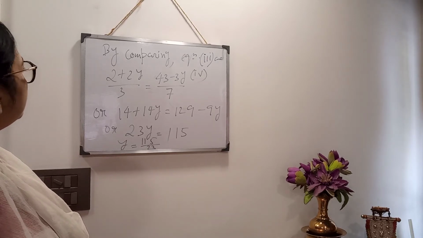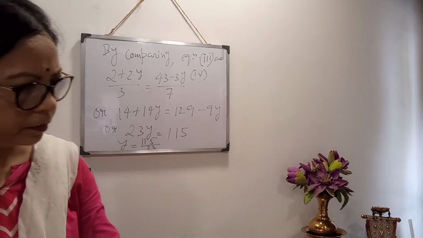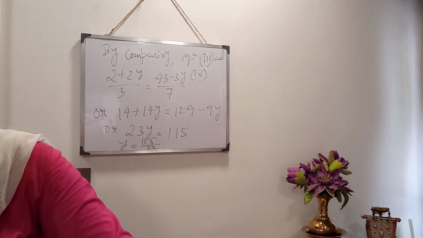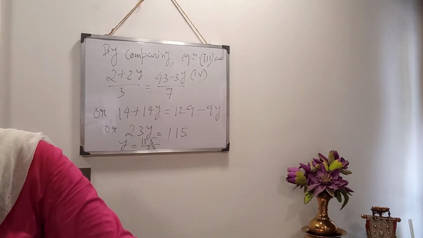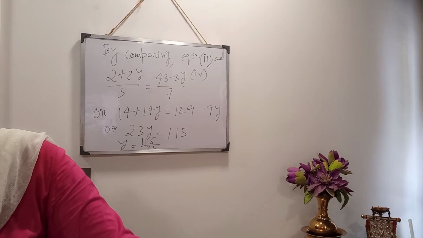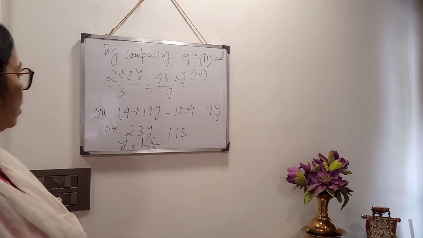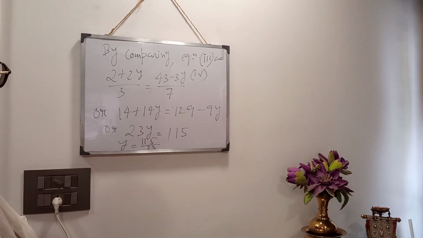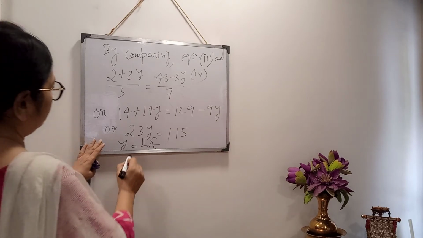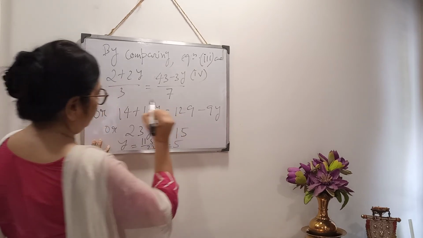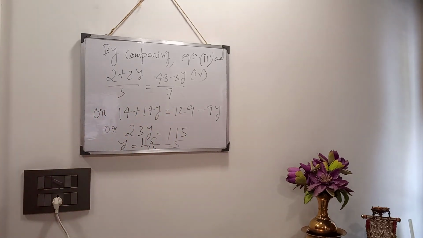I have rubbed the board now. 115 by 23. Okay, it is okay. Now divide. It is coming 5. Y we have got 5.